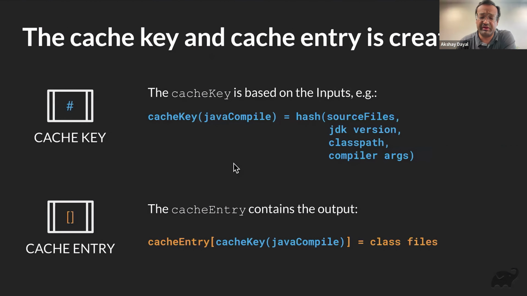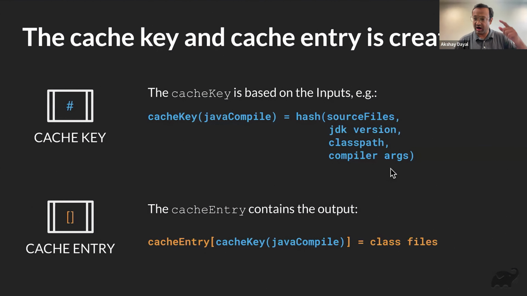So if we go into the details a little bit, the cache keys are really a hash of all the inputs involved. For the compile Java task, for example, you look at the source files, the JDK version, the dependencies, the compiler args, and so forth. If you think about it, if you're compiling with a different JDK version, that is going to result in different bytecode. So the compile Java task needs to tell Gradle Build Tool that the JDK version is an input.